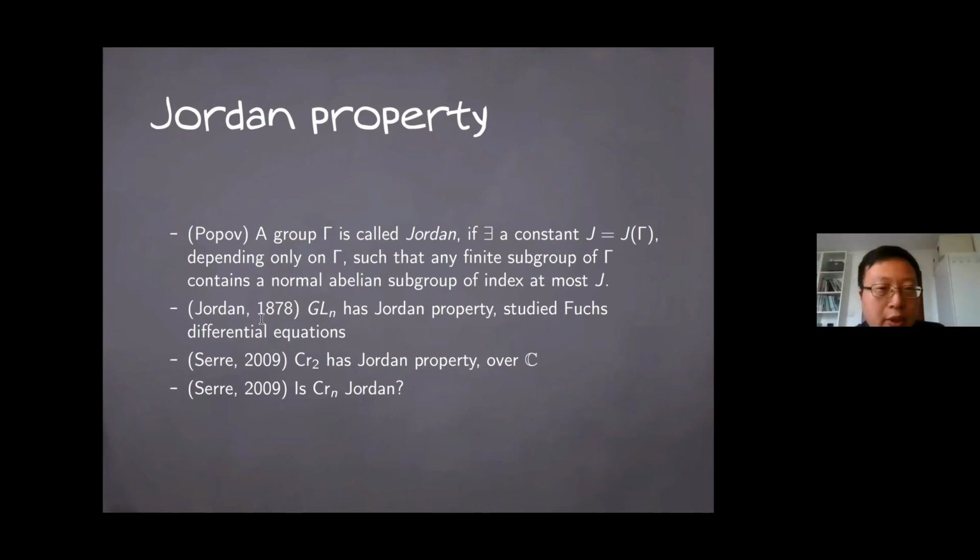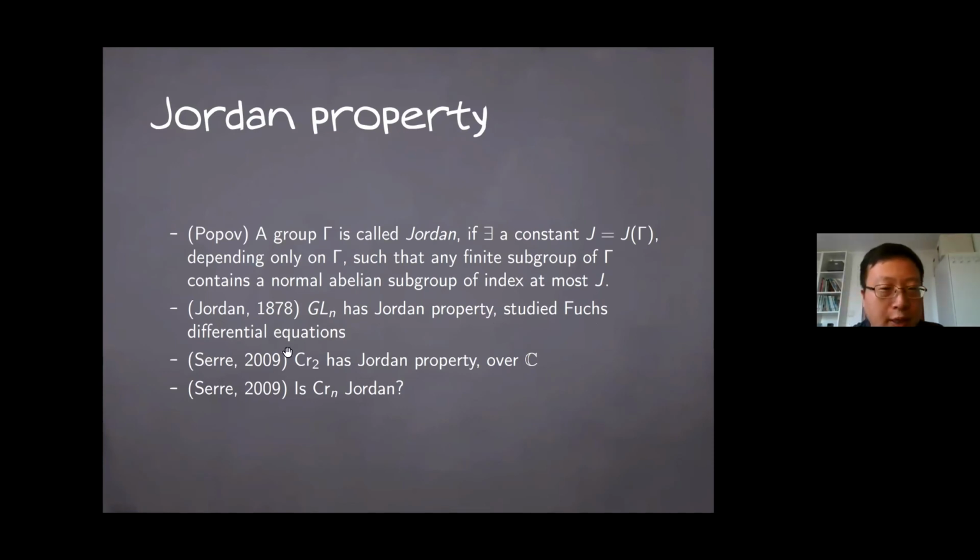In 1878, Jordan showed that the general linear group GL_n has this Jordan property, when he studied a differential equation called Fuchs's differential equation.